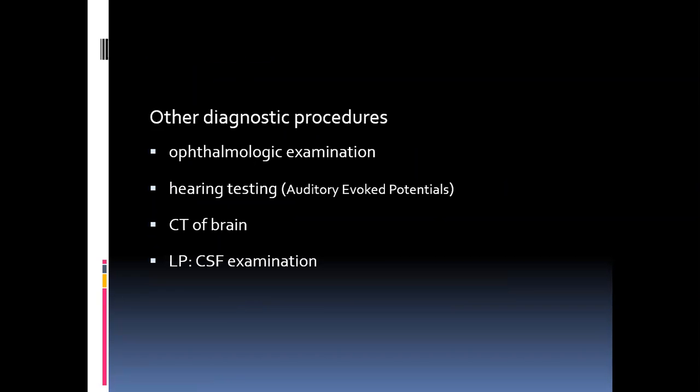Now the other diagnostic measures and procedures: first of all, the ophthalmological examination, then hearing testing, and the auditory evoked potential test. We can also do a CT scan of the brain, computed tomography, and a lumbar puncture to take a specimen for cerebrospinal fluid examination.